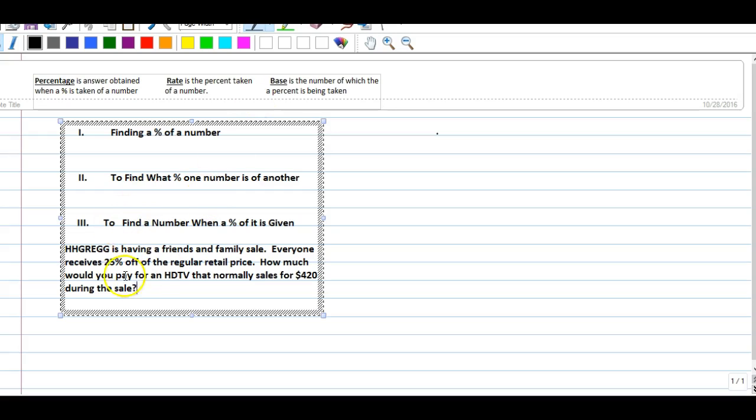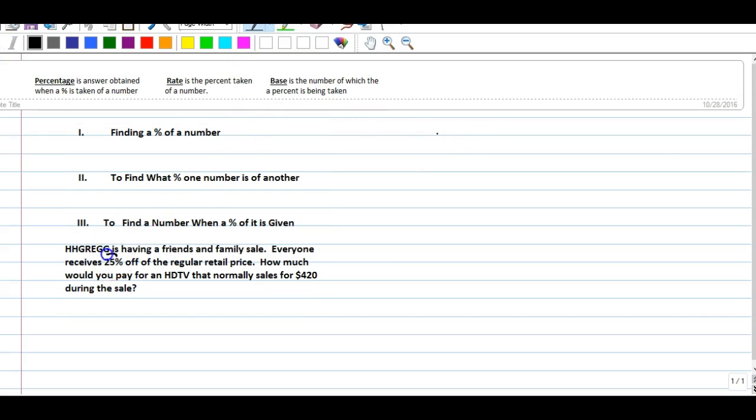Now again, notice that we do have a percent in here, we do have a rate. The percent is given. So that rules out this particular type problem, because to find what percent one number is of another, the percent is what we're looking for. The percent is not given.